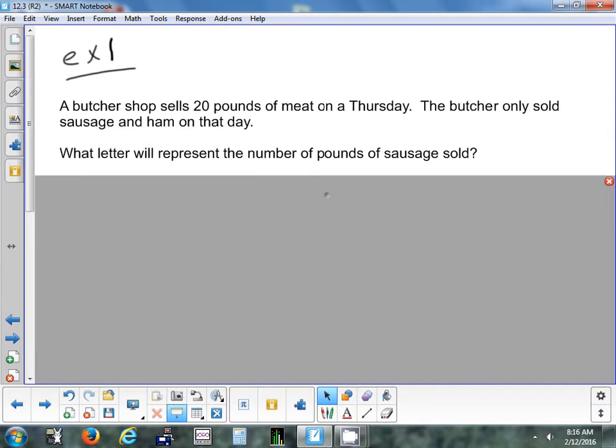What letter could we use to represent the number of pounds of sausage that the butcher sold? What would be a good letter for that? Logan? M. Okay, tell me why you picked that letter. Because for meat.